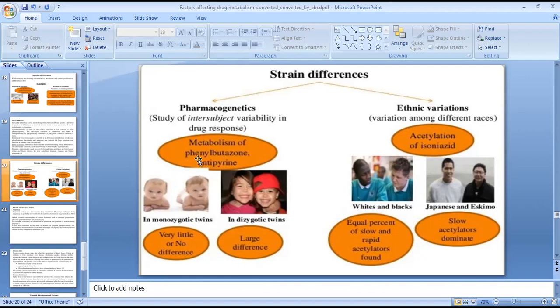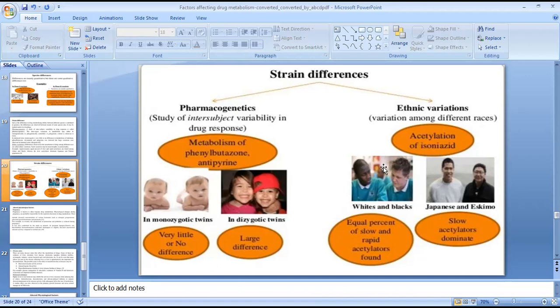That is genetic variation. They are from the same parents, that is mother and father. So if the twins are monozygotic, there is only a slight difference in the metabolism. But if the twins are dizygotic, there is a large difference between the metabolism of the phenylbutazone and antipyrine drug molecules.